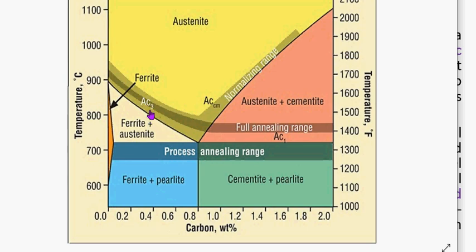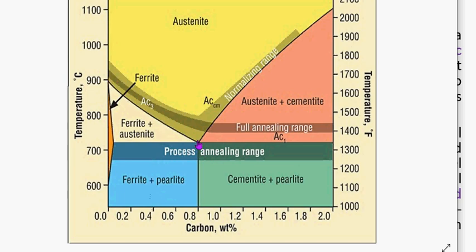In some textbooks they use A3, but here they're using Ac3 and Acm. So basically it's referring to this V line here. So anything above it, the alloy has to be heated at least 55 degrees above it, held or soaked at that temperature, and then allowed to cool.